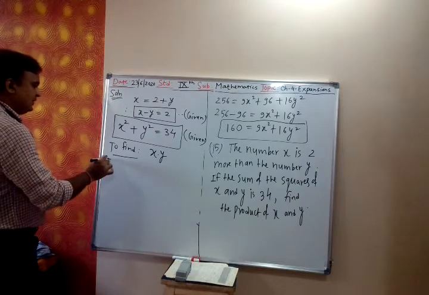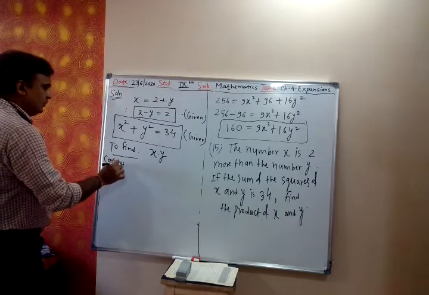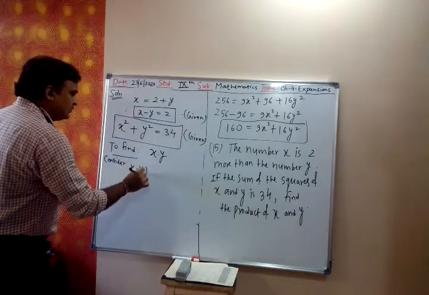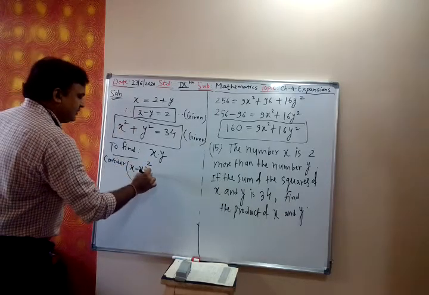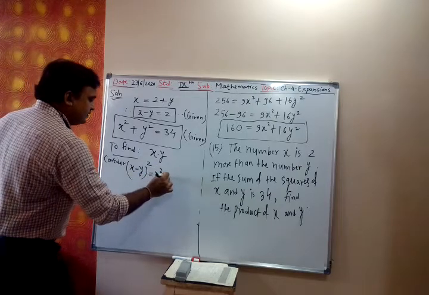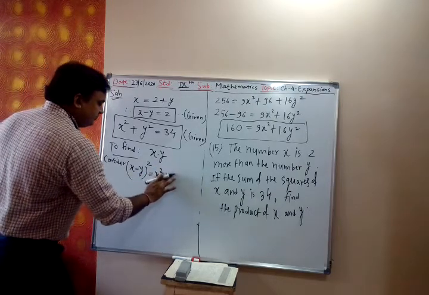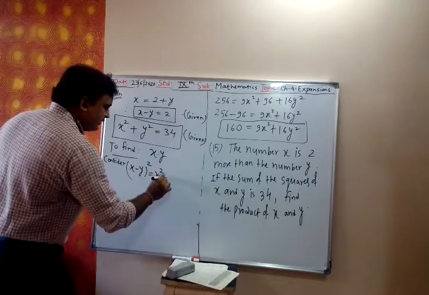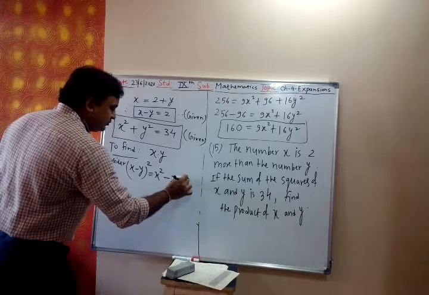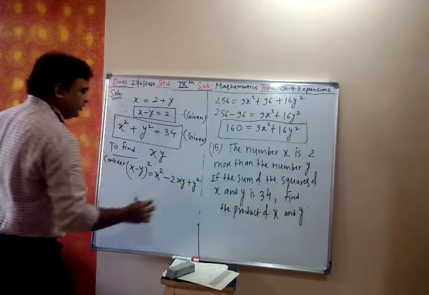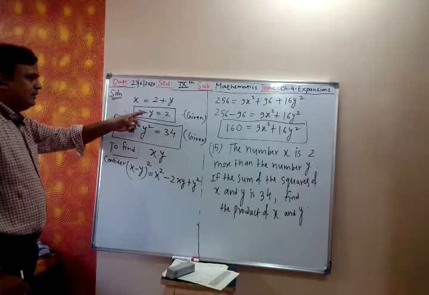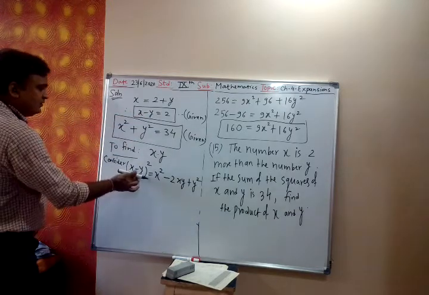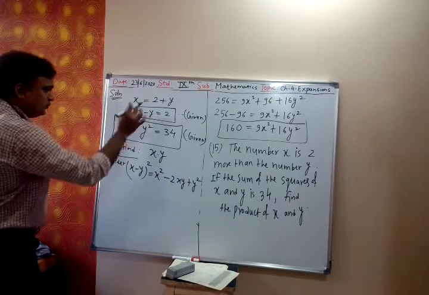So I will consider, we are given x minus y, so I will consider x minus y whole square. X minus y whole square is x square minus 2xy plus y square. X minus y value is given to us, that is 2.